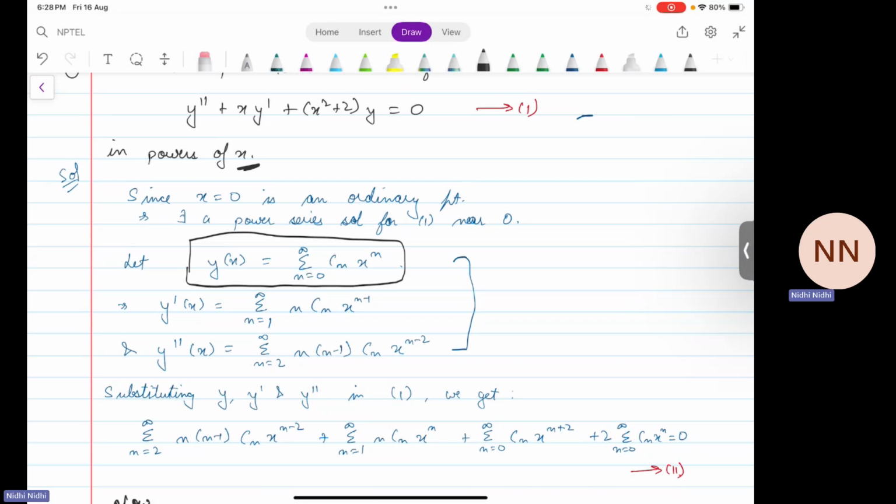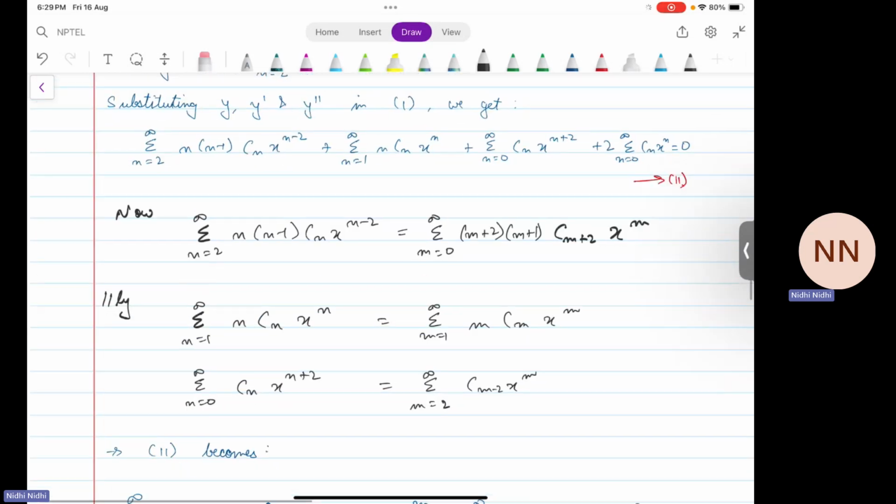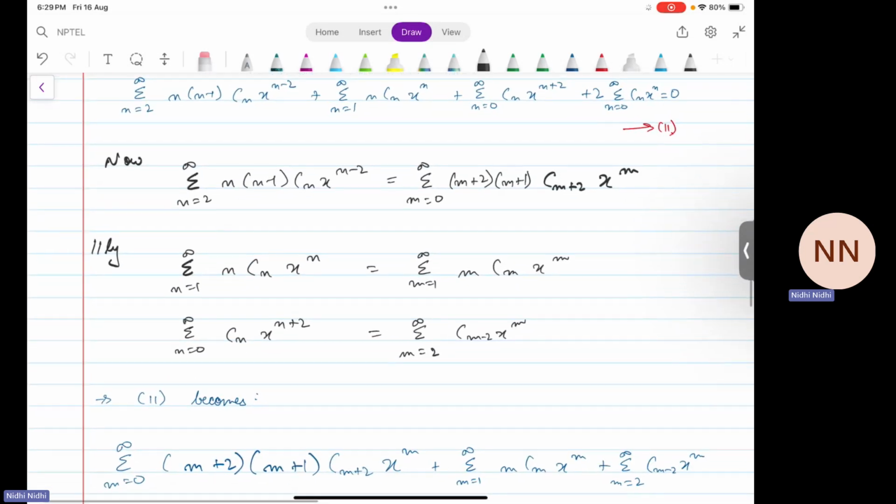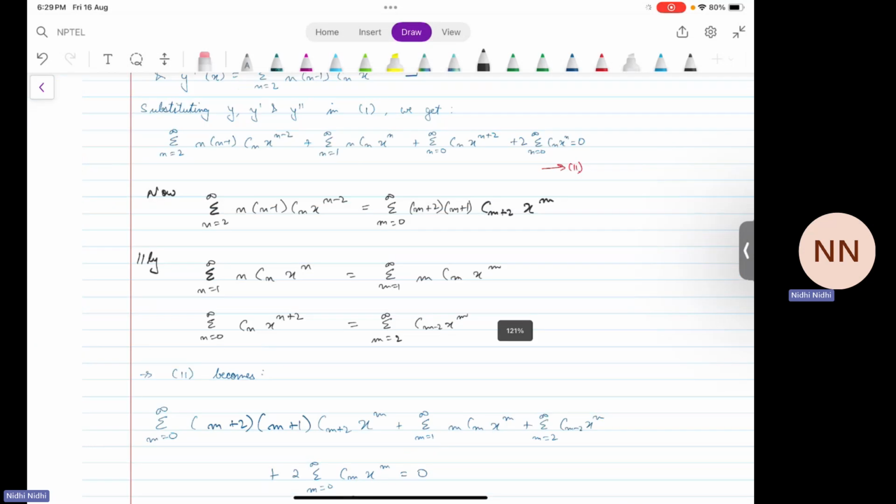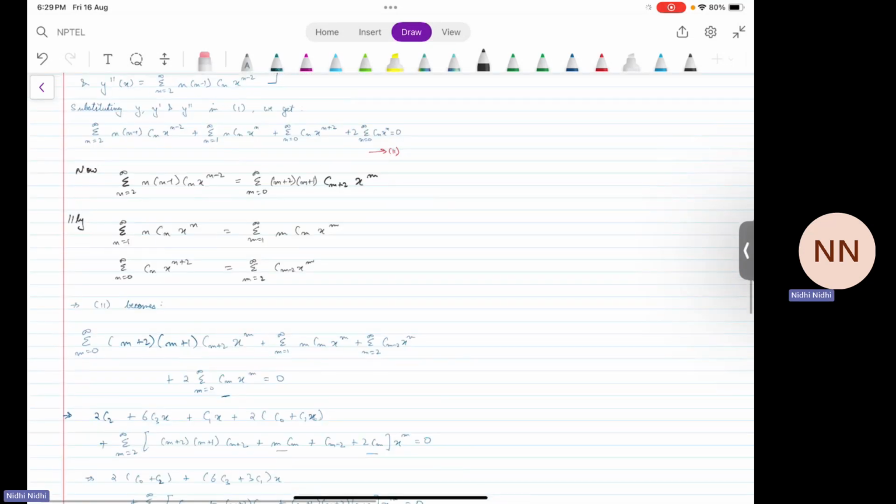Then we just differentiate it once and twice and substitute the values of y dash and y double dash in the given equation. Because it is a solution, it must satisfy the equation, and then we simplify the sum. There might be some confusion while solving this part, so I want you all to try it yourself.